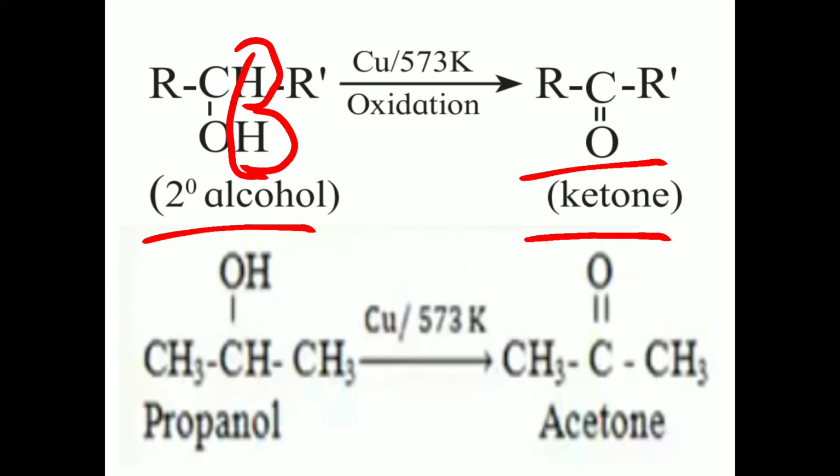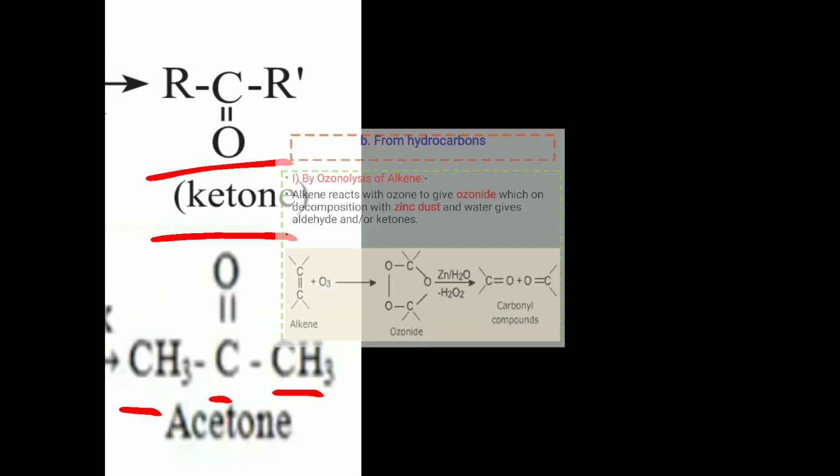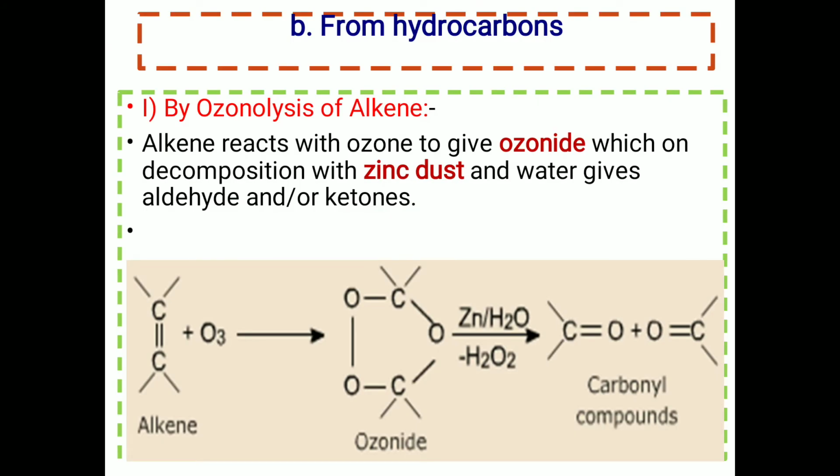The example is CH3CHOHCH3, one hydrogen and this is another hydrogen, that means two hydrogen atoms are removed and we get CH3C=OCH3, and this reaction can take place by passing the secondary alcohol over hot copper powder.